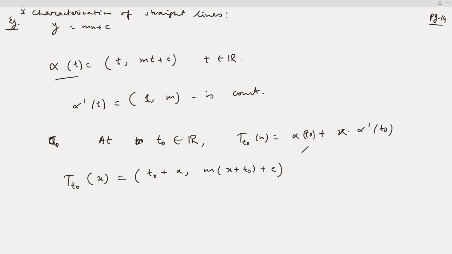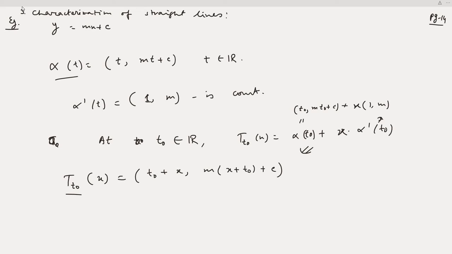This implies T t naught of x equals t naught comma m t naught plus c, plus x times 1 comma m, which is constant.